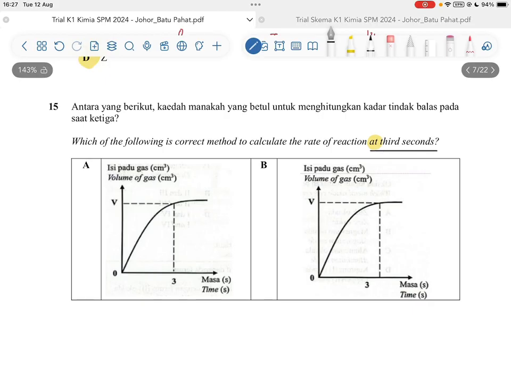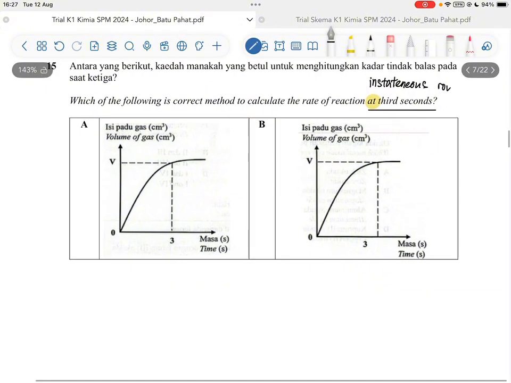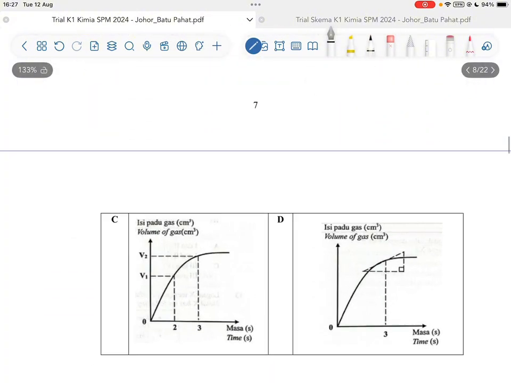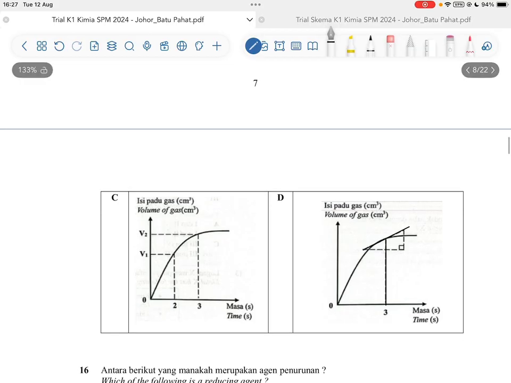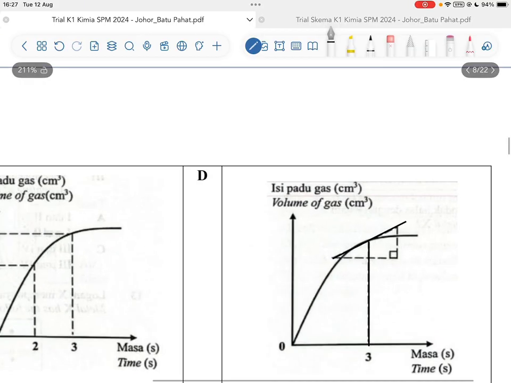So in order to find the instantaneous rate of reaction, you need to draw a tangent line at 30 seconds, and then you need to calculate the gradient.